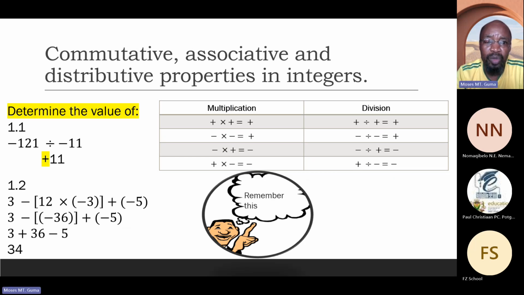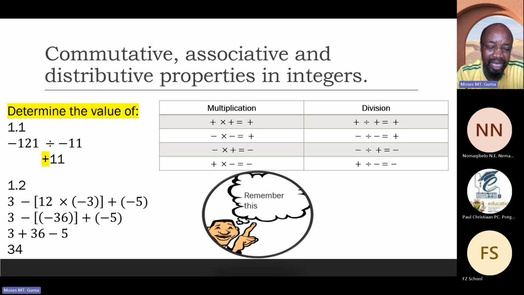Now, commutative, associative, and distributive property in integers. What I'm going to do, I'm going to divide, add, multiply, subtract integers. Now, there are things to remember which are very, very important when you operate with integers. What are those, say? Negative divided by a negative is actually a positive.